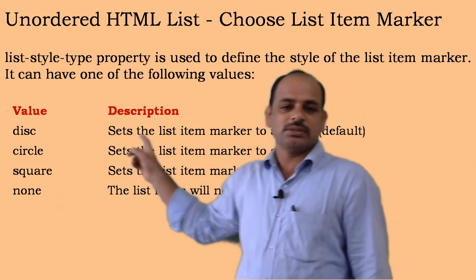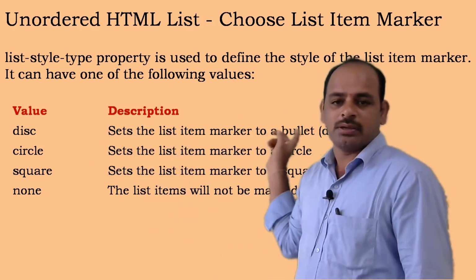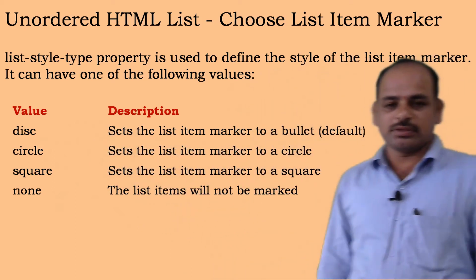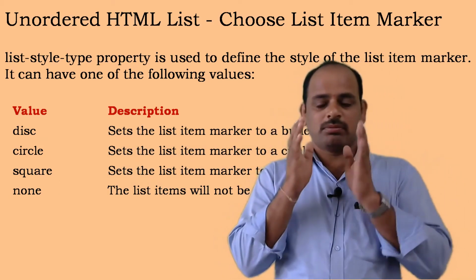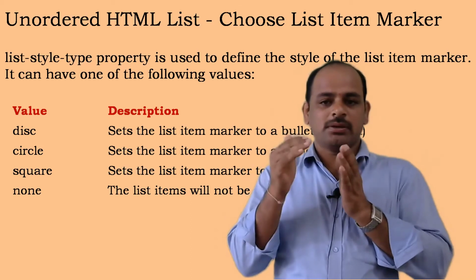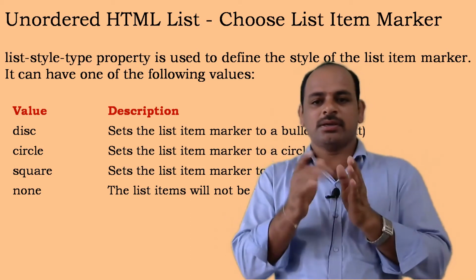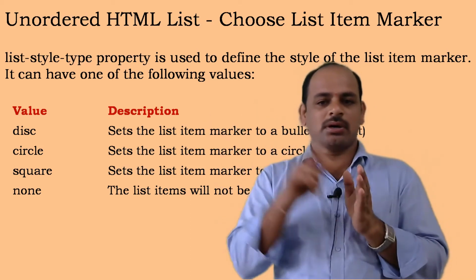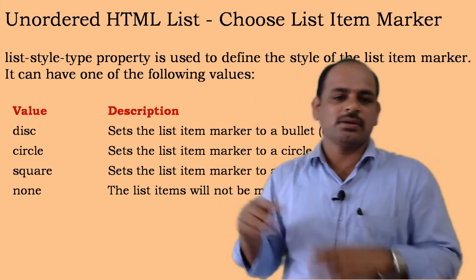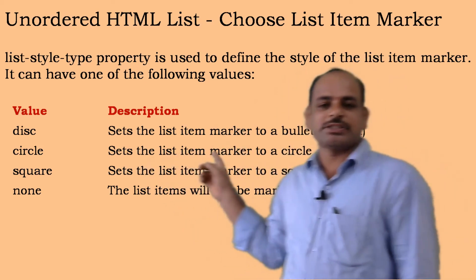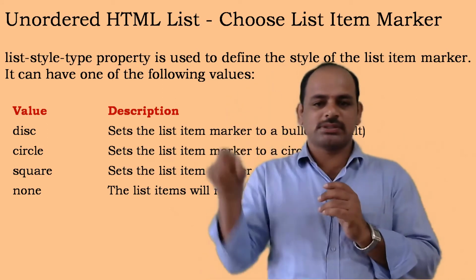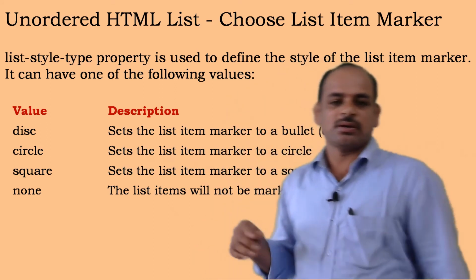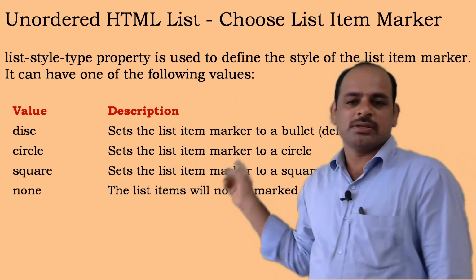So you can see here, disc sets the list item marker to a bullet. That means the list will appear with bullets, just like a dot: coffee, dot, tea, like that. Next, circle sets the list item marker to a circle. The list items will appear just like a circle. Square sets the item marker to a square.